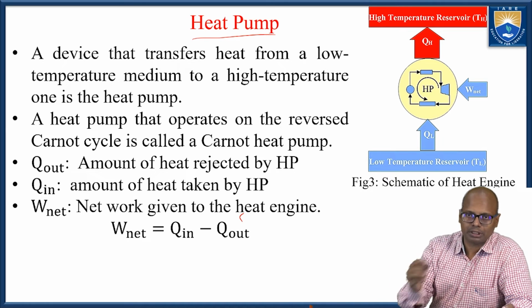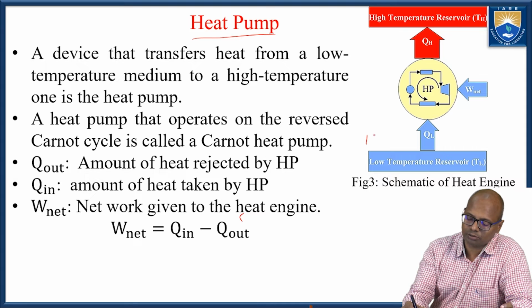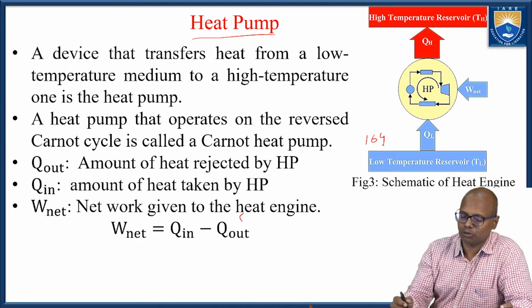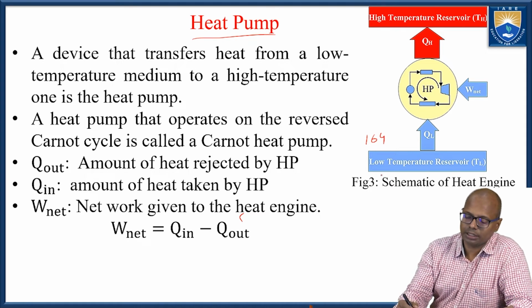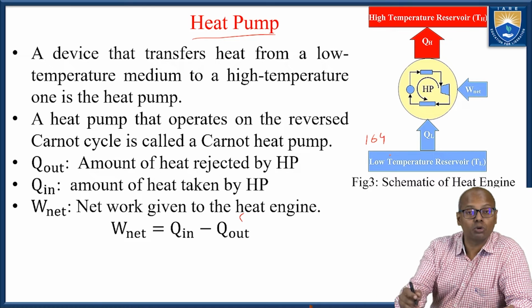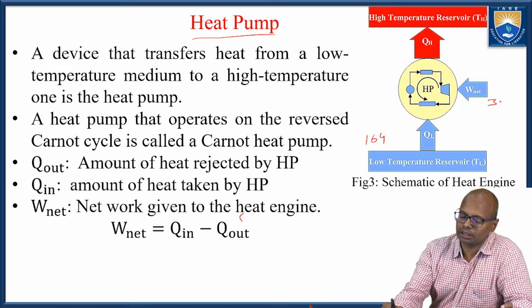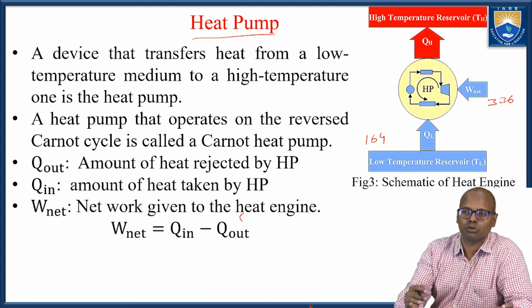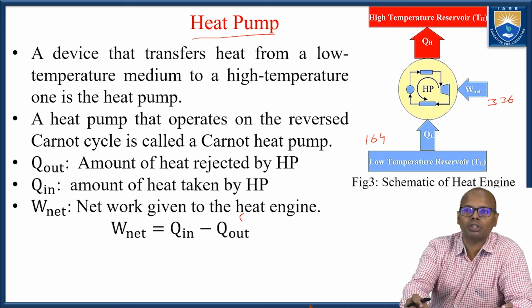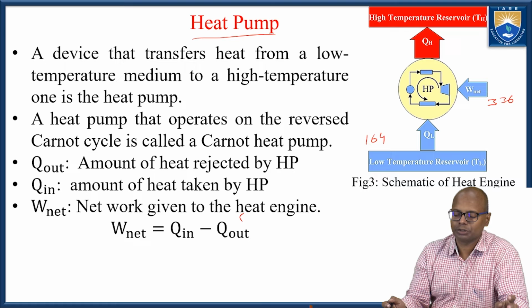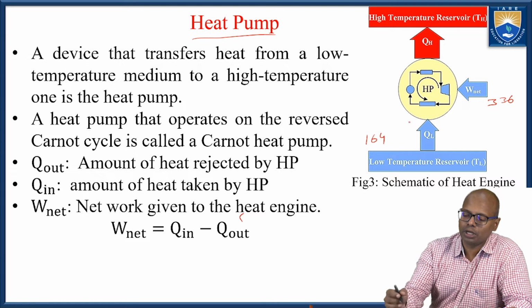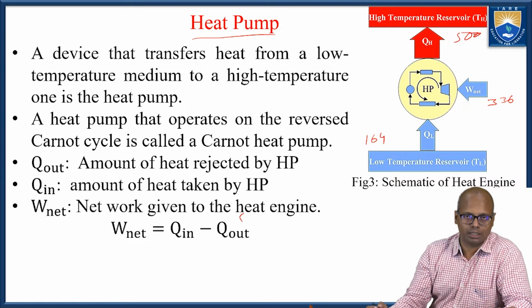In the previous diagram, suppose 164 kilojoules of heat is taken from the lower temperature reservoir, and I am supplying only 336 kilojoules of work to the heat pump. So what is the amount of heat that I can supply to the room which I am going to heat? It is the sum of these two, and that is equal to 500.